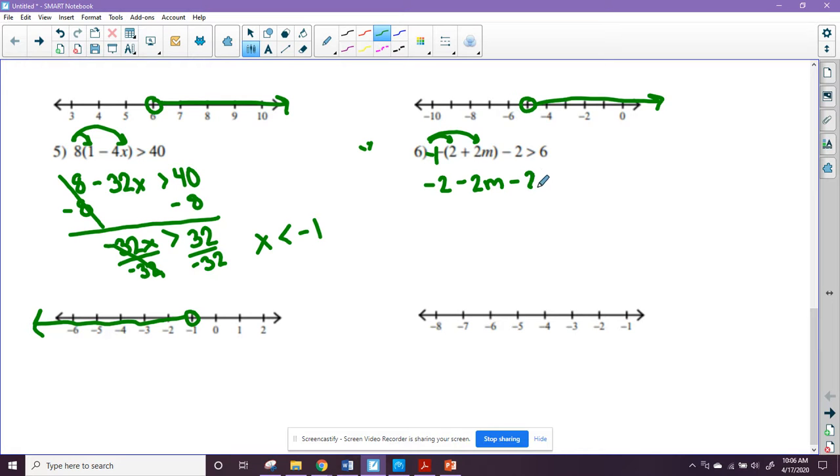Rewrite everything else as is. Now combine your like terms. We have -2 minus 2. That's -4. You write everything else as is. You have a loose number of -4, so we're going to add 4 to both sides.